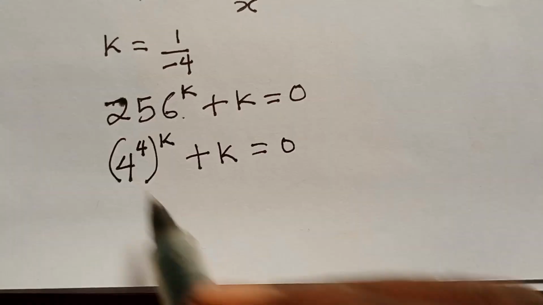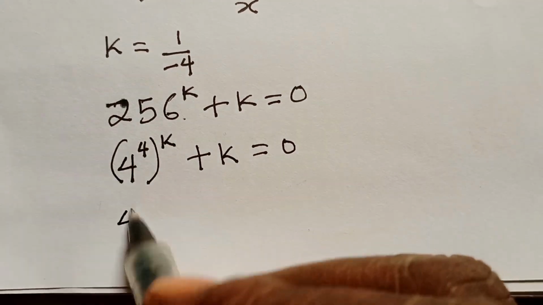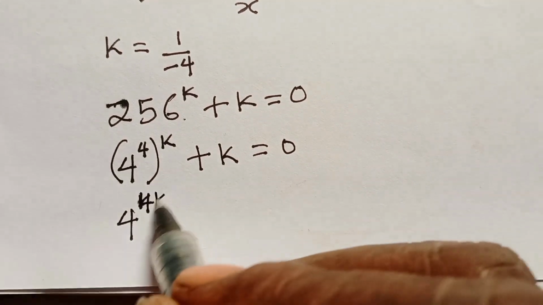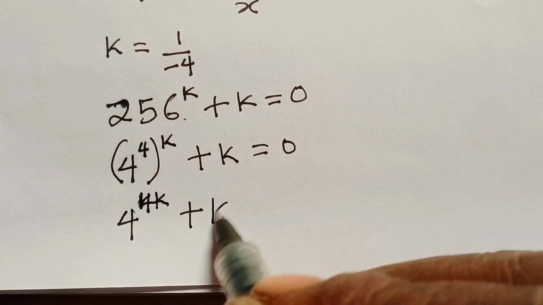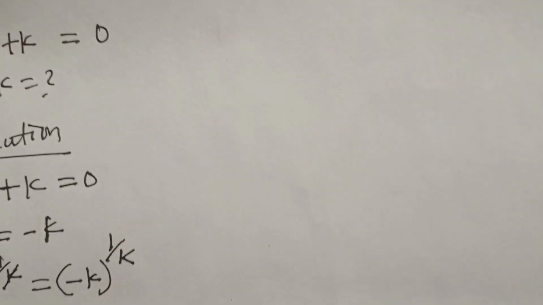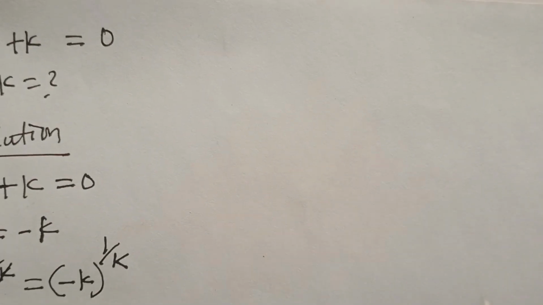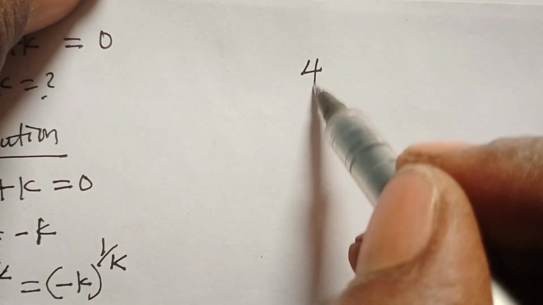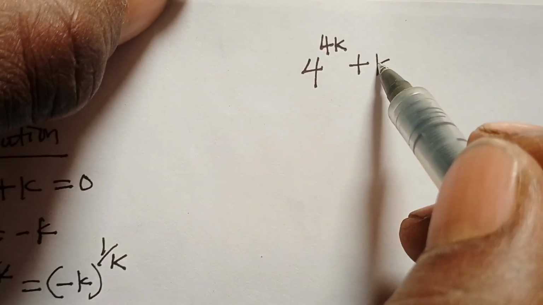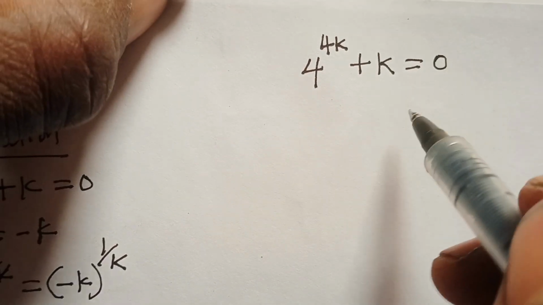From here, when you multiply the powers, you now have 4 raised to power 4k plus k equal to 0. So it shows that we are having 4 raised to power 4k plus k equal to 0.